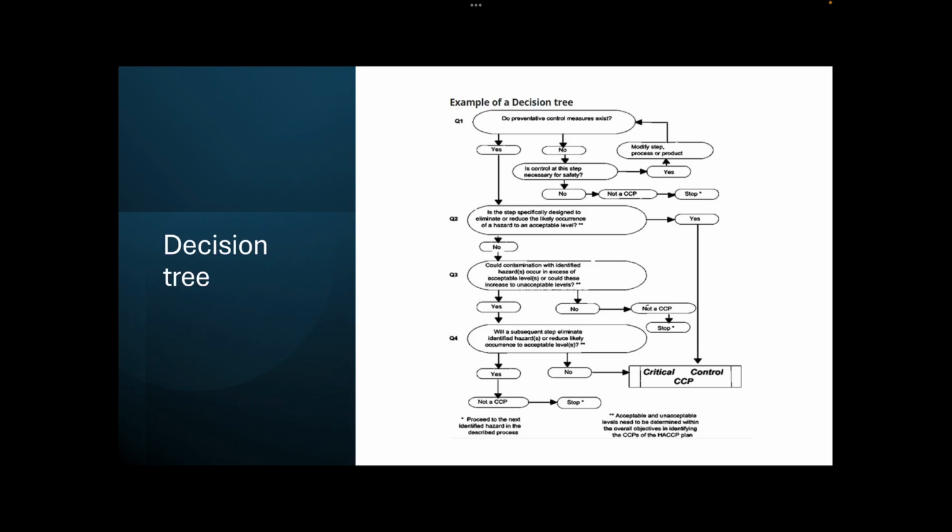At that step, cooking, obviously we are cooking it, so there is a control measure existing there, the heating step, right? Then ask, is the step specifically designed to eliminate or reduce the likely occurrence of a hazard? We are cooking the burger to kill bacteria, right? So if you say yes, then it is a critical control point. That step is designed to kill bacteria, so that is a critical control point.